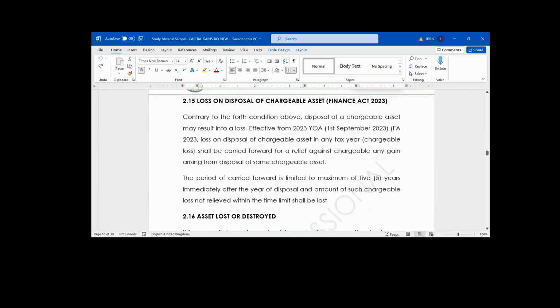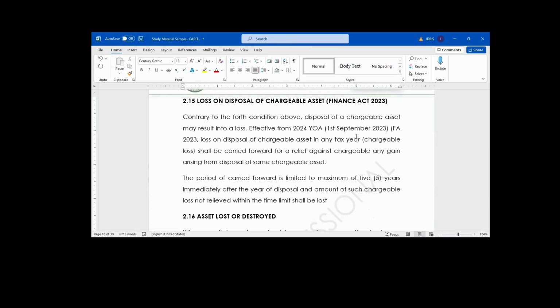The next heading that we are going to look at today is loss on disposal of chargeable assets, Finance Act 2023.